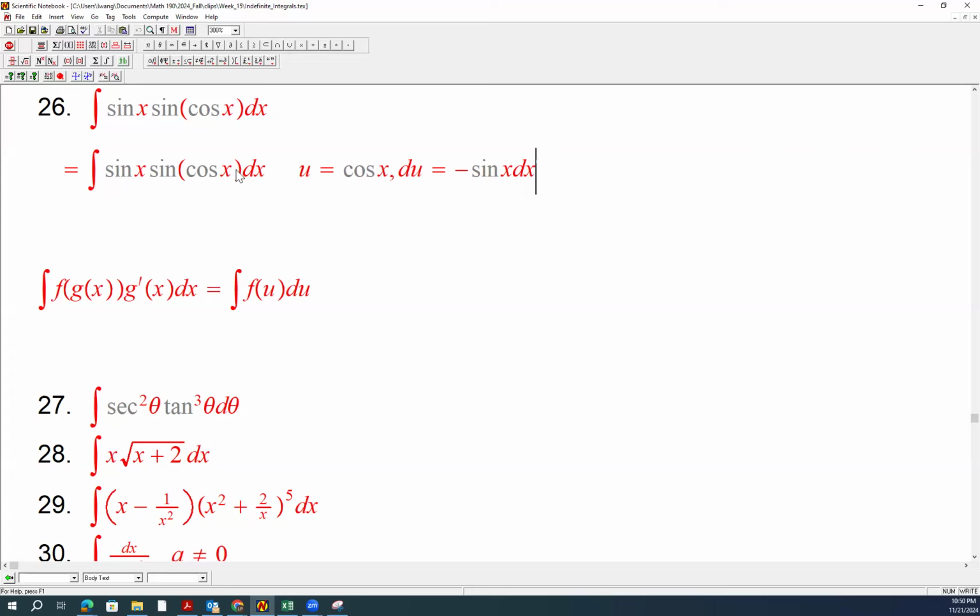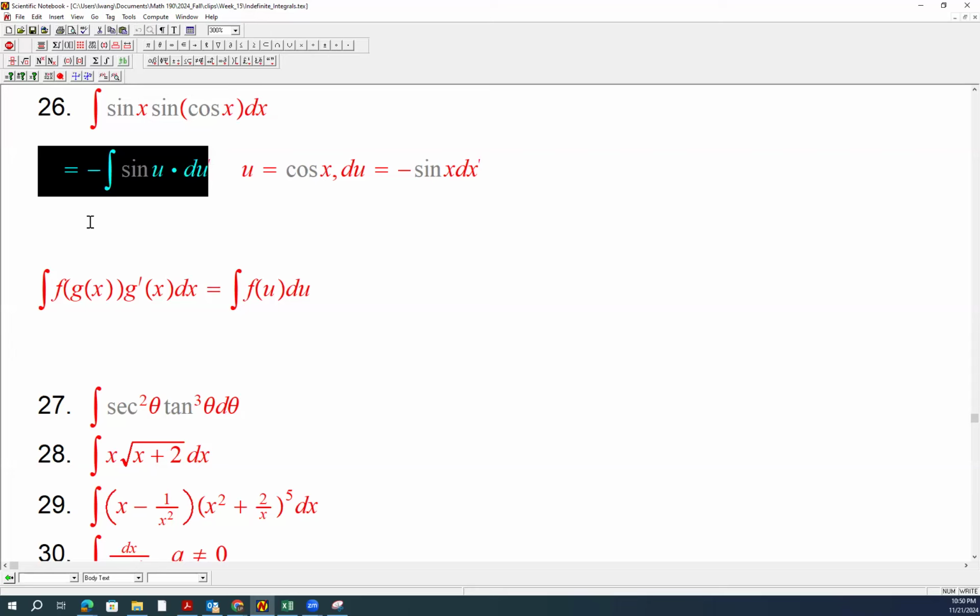So in my substitution, sine x times dx, that's negative du, right? So put du there, and put a negative sign in the front. And we're almost done. The antiderivative of sine u is negative cosine u, right?